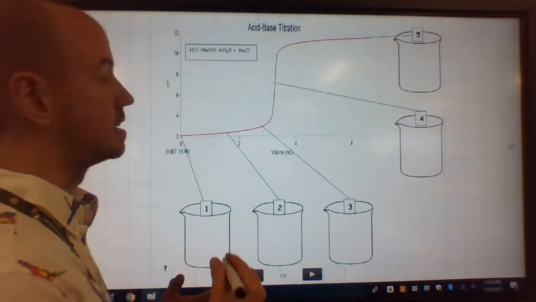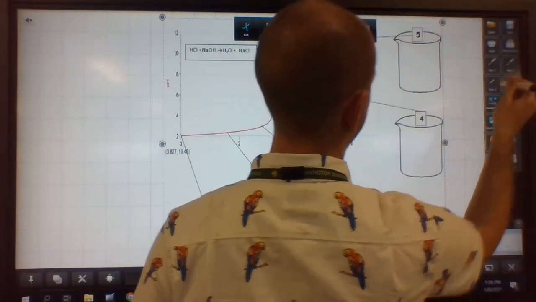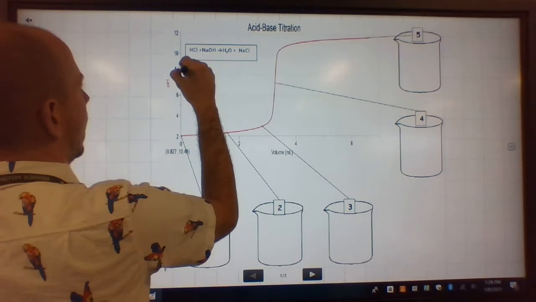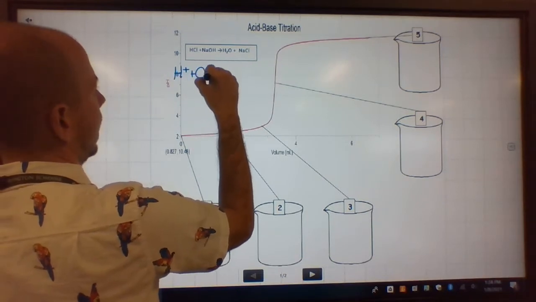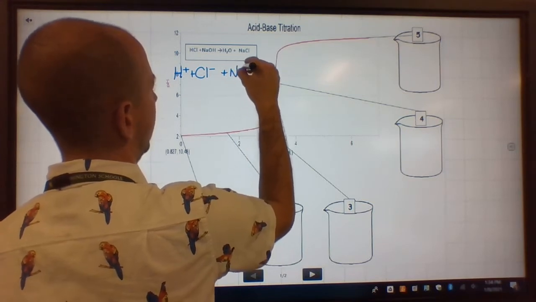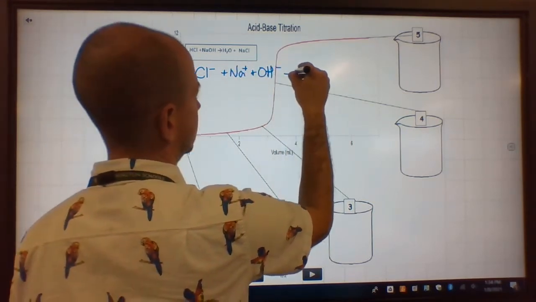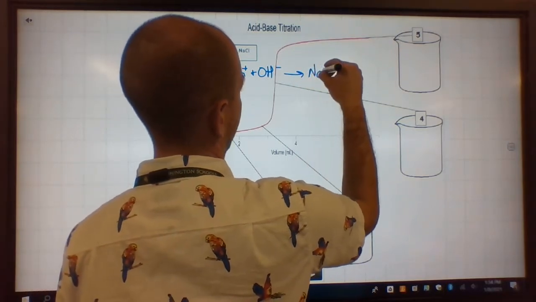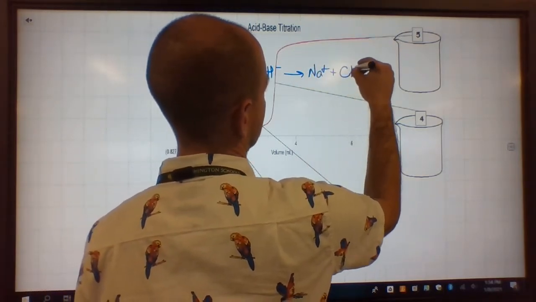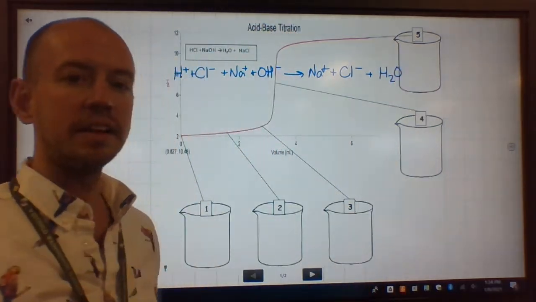So when we think about this as a complete ionic equation, the things floating around are hydrogen ion and chloride ion, it's not HCl. It is sodium ion and hydroxide ion, not sodium hydroxide together. It is sodium ion and chloride ion because that's soluble, but water is a covalent compound.